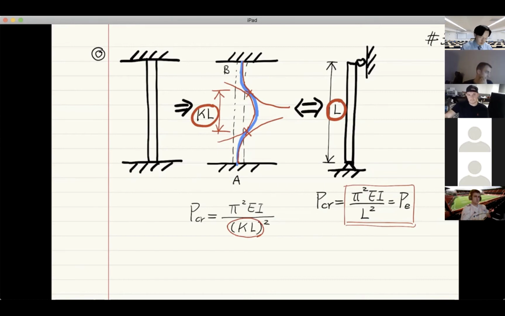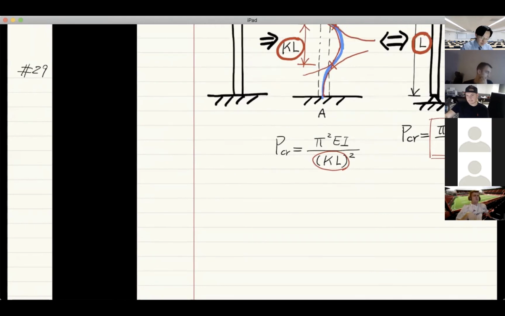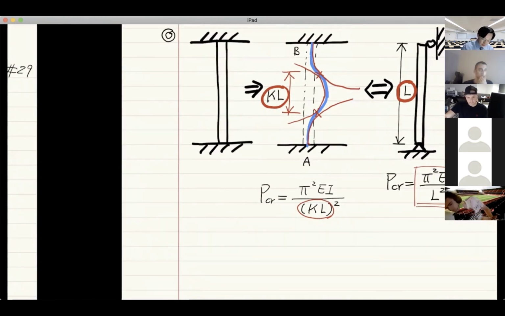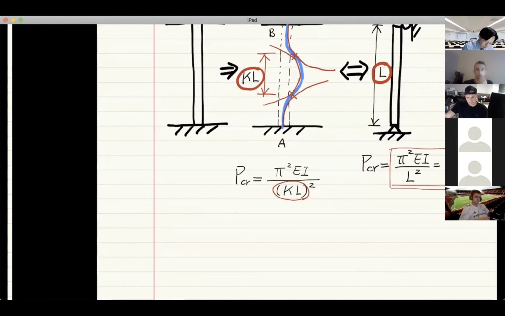So that's the first clarification on how we use this change of curvature points to determine the equivalent length. In this case, we know that the value of capital K in this problem is 1/2 or 0.5. This is what we know.